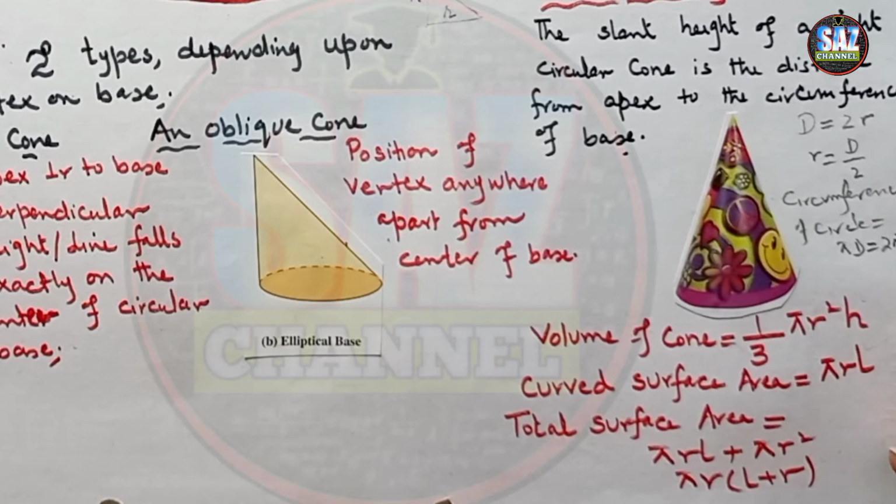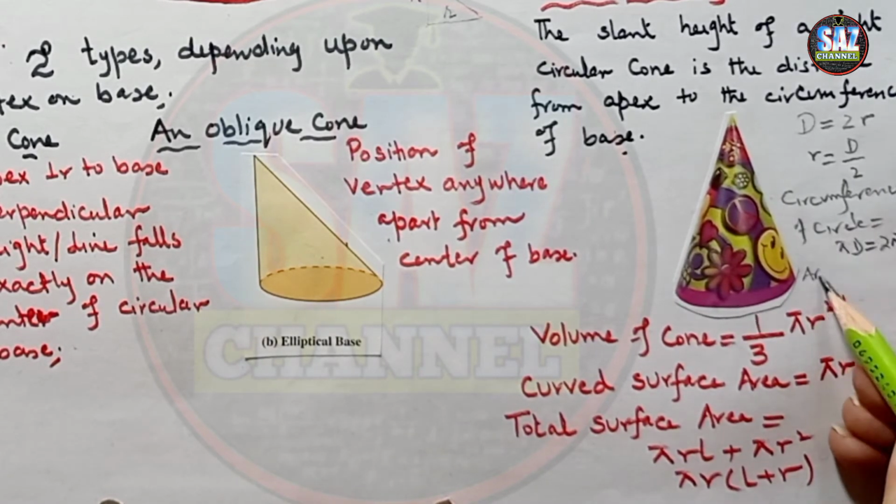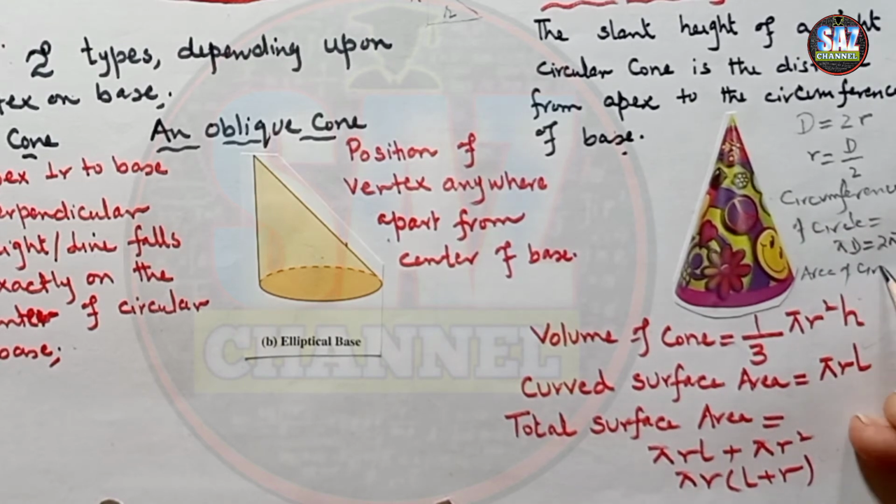These are the formulas that we must learn before moving to the next exercise. And area of circle equals pi r square.